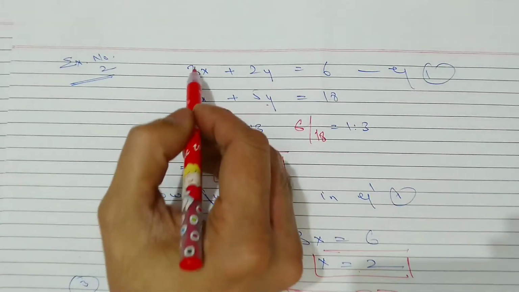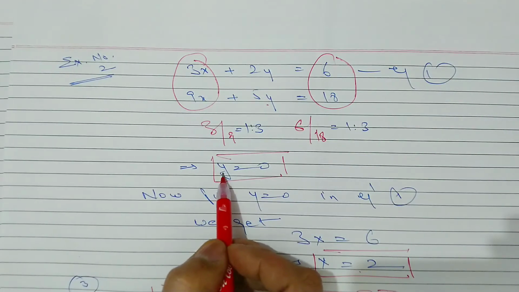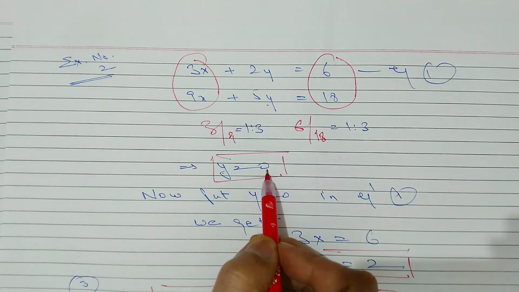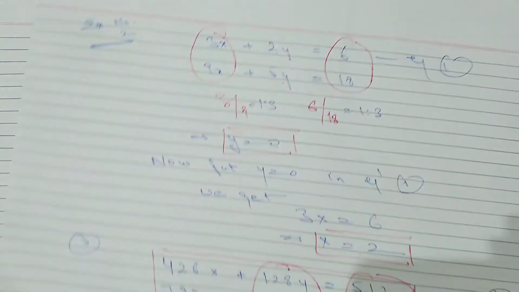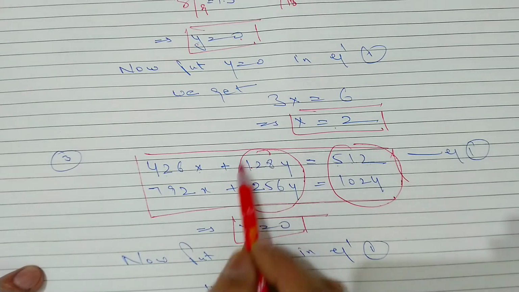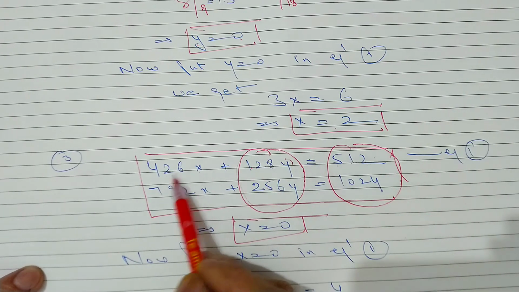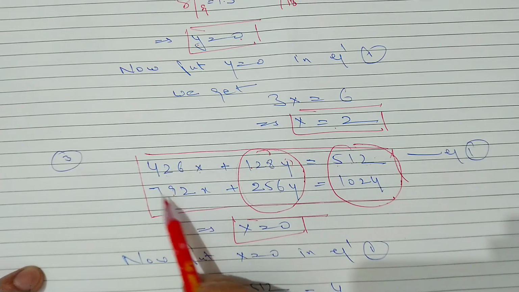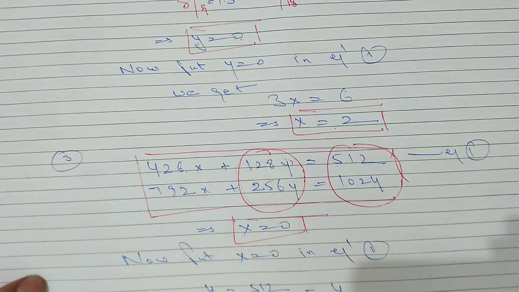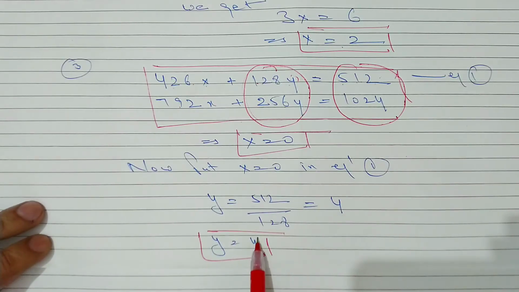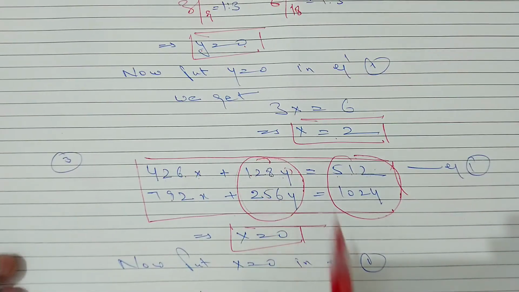Here coefficients of x are in the same ratio with the constant term, therefore y equals 0. So put y equals 0 over here, and we can easily calculate the value of x. In the second equation, coefficients of y are in the same ratio with constant terms, therefore x equals 0. No need to calculate. Put x equals 0 in this equation, we get y equals 4. This is a shortcut method when ratios are the same.